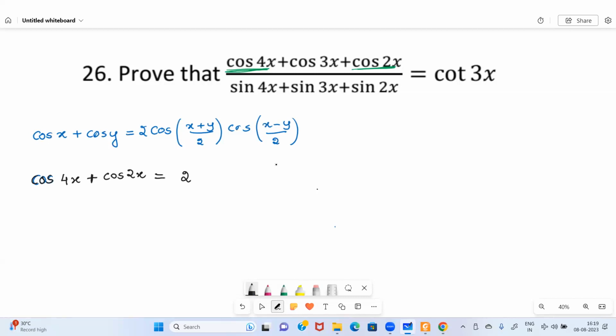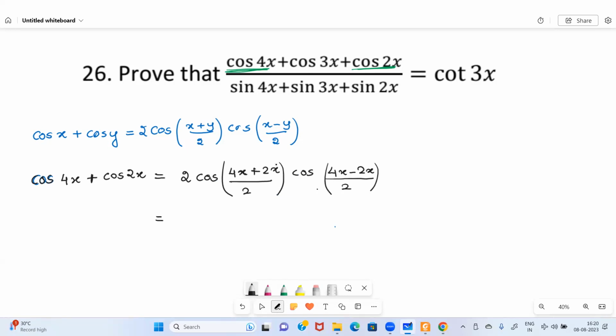See what will happen. So this will be 2 times of cos of (x plus y), so that is 4x plus 2x divided by 2 into cos of (4x minus 2x) divided by 2. Okay, students?